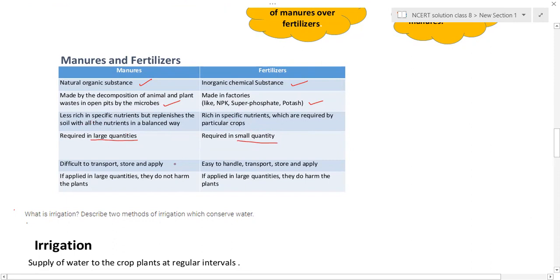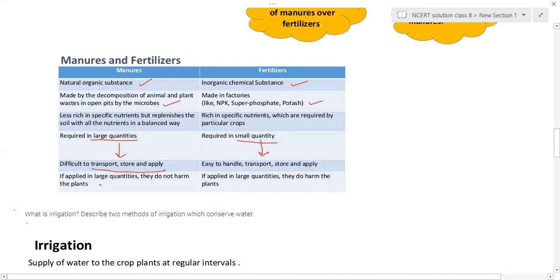It is not easy for manure to be transported, stored and applied because they are required in large quantities. When you require something in large quantities, it is difficult to store it, transport it and even apply it. But because fertilizers are required in small quantities, it is easy for us to handle, transport and store them.